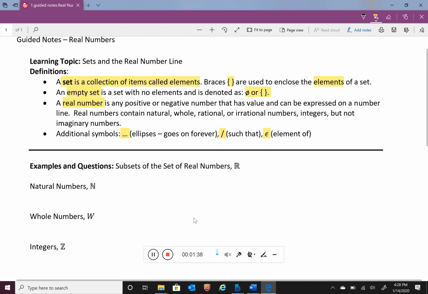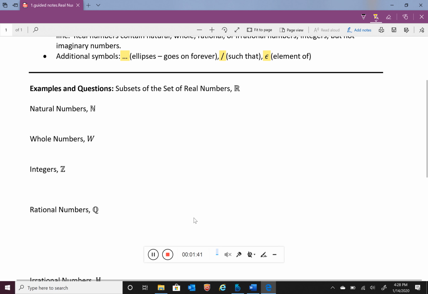So now we're going to look at subsets of the set of real numbers. Now remember, a real number is any number where I can understand its value and I could place it on a number line. So now we're going to define the different types or sets of numbers. So the first set is natural numbers, which is denoted by this double bar N, and it is the set.